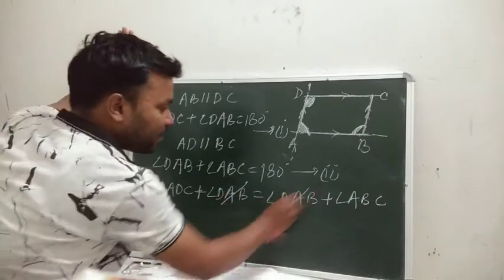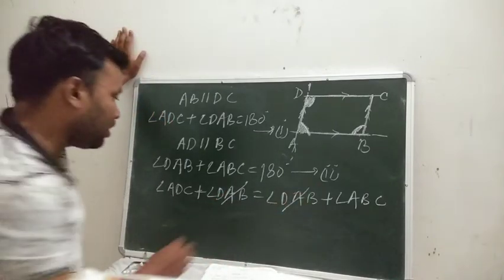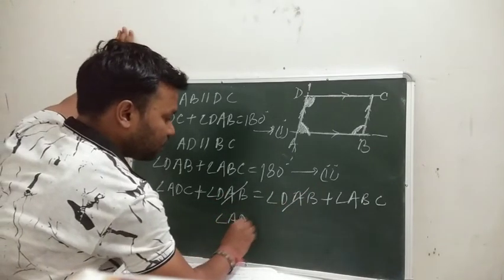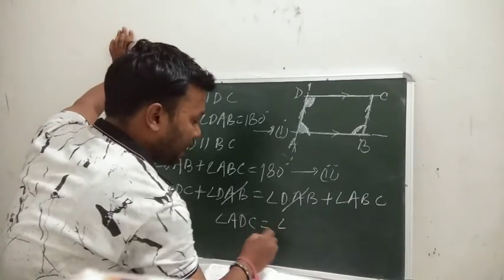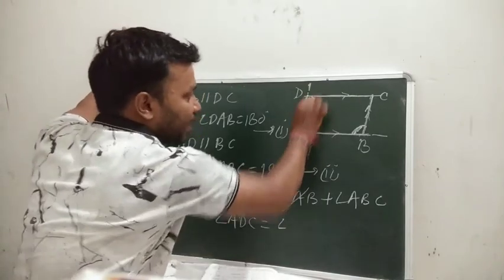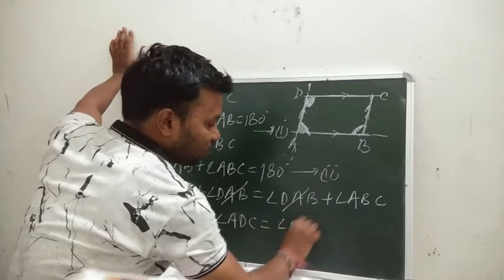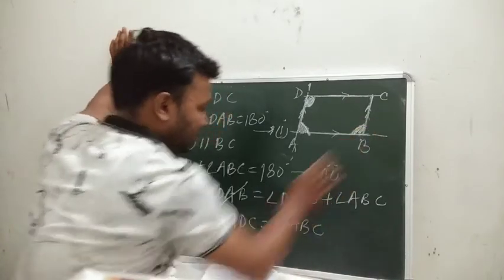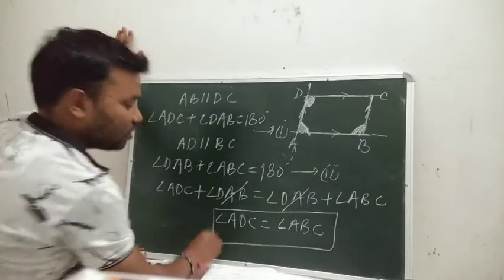So angle DAB and angle DAB will be cancelled out, and we will get the result which we have to prove in this question. Angle ADC, this angle, is equal to angle ABC, this angle. So that is our result.